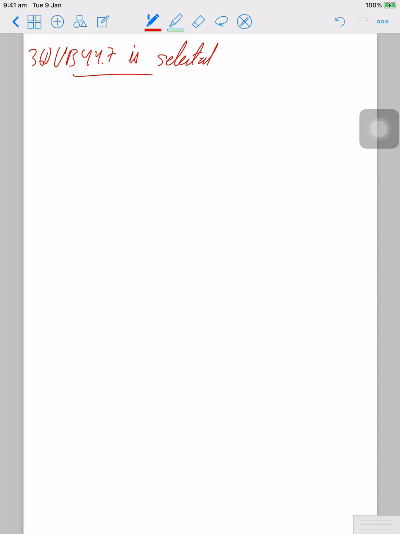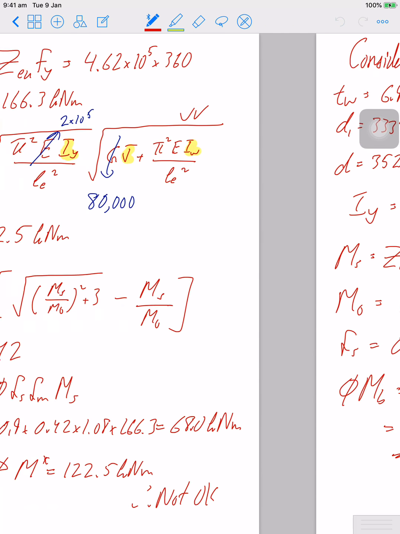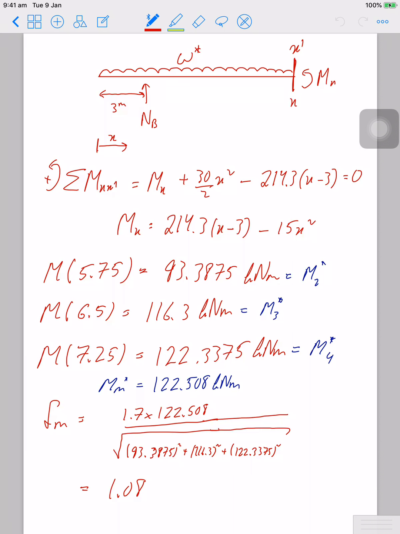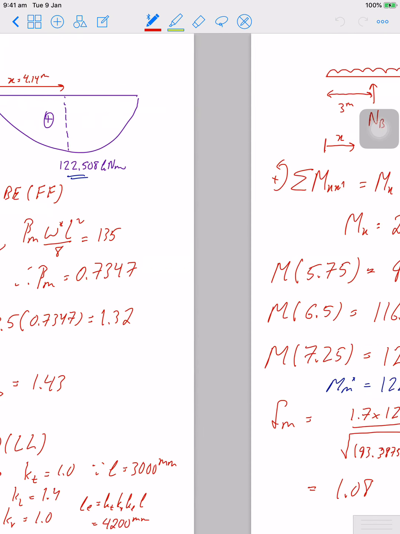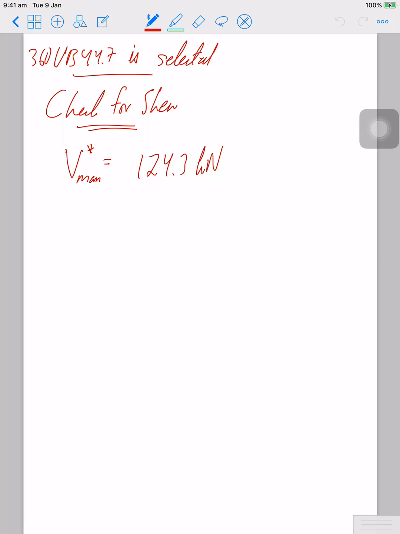Now the important thing that we're going to do is check for shear. The first thing we check for is the shear capacity. From our shear force diagram, we got our V star max to be equal to 124.3 kilonewtons. This is our maximum, and that's our design shear.